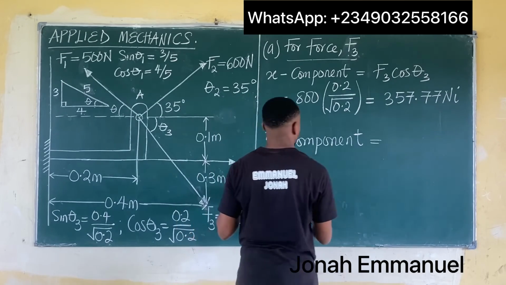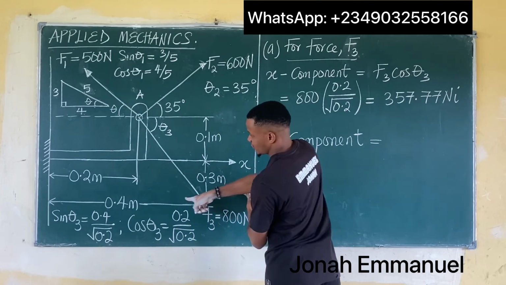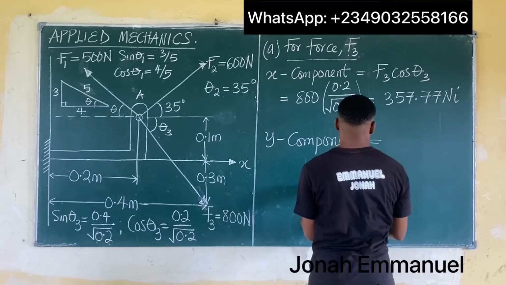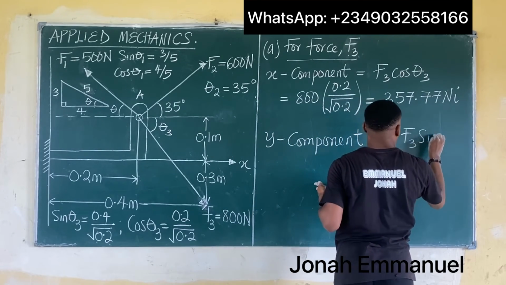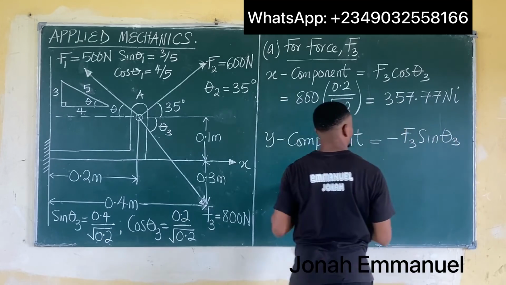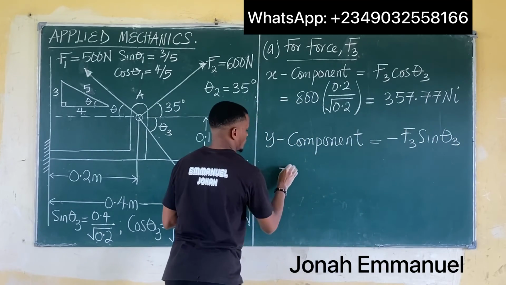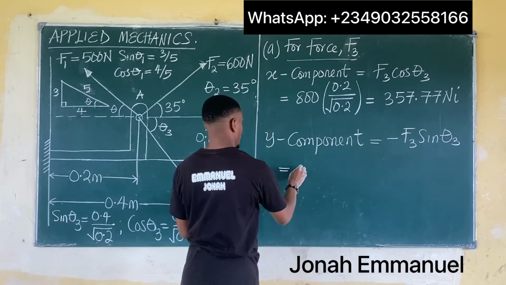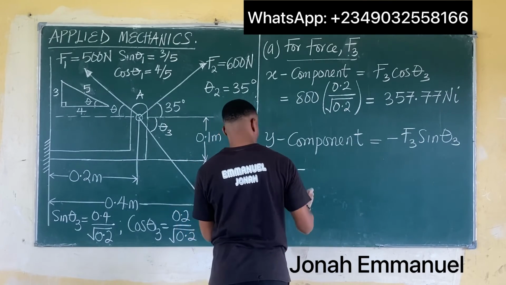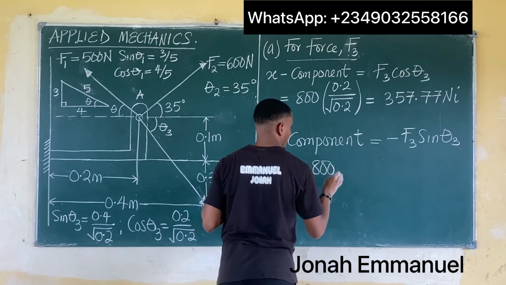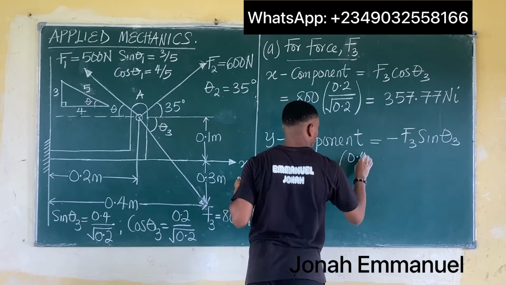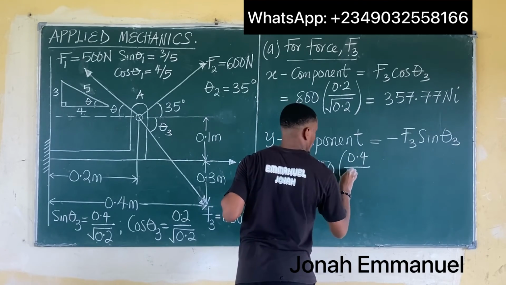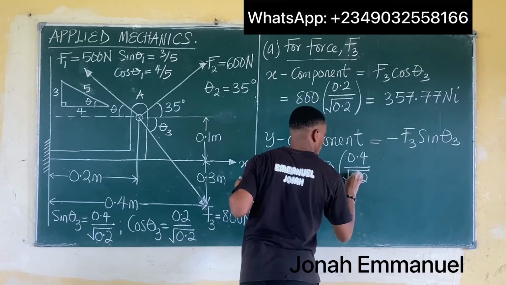The y component of F3, if I resolve this way, should be negative, fourth quadrant, so minus F3 sine theta 3. That's equal to minus 800 sine theta 3, which is 0.4 all over root 0.2.